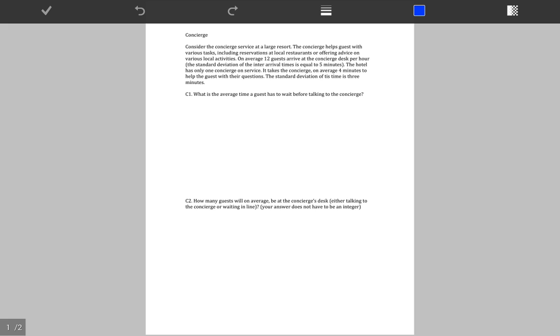The question says the arrival rate is 12 guests per hour with the standard deviation of 5 minutes for the inter-arrival times. The hotel has only one concierge on service.